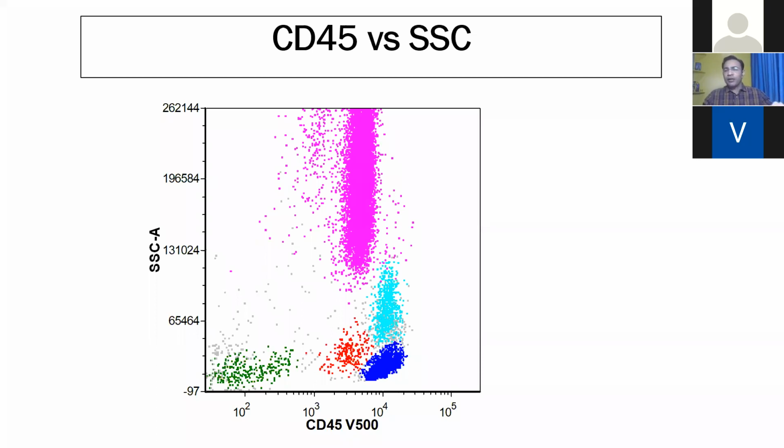Now, CD45 is a marker which is present on all WBCs, even early erythroid cells like pronormoblasts. But as the immature erythroid cells mature, they lose CD45.